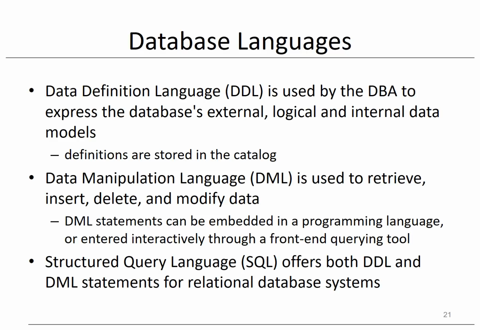The data manipulation language, DML, is used to retrieve, insert, delete, and modify data. DML statements can be embedded in a general purpose programming language or entered interactively through a front-end querying tool. Structured Query Language, SQL, offers both DDL and DML statements for relational database systems.